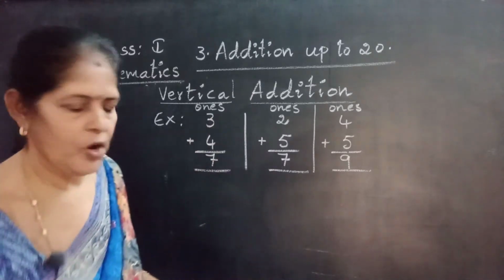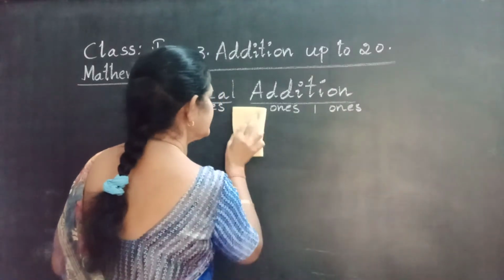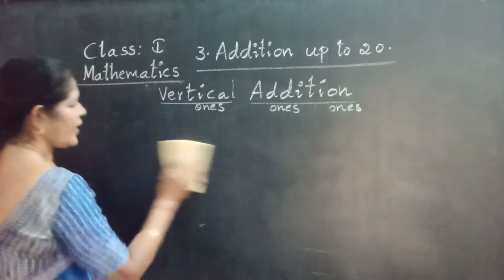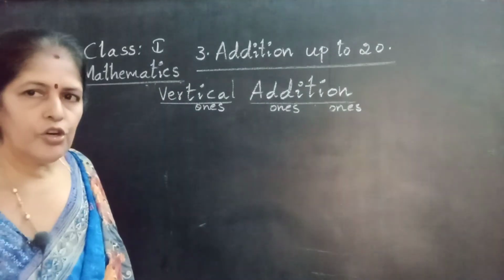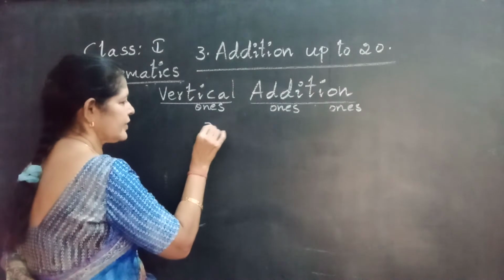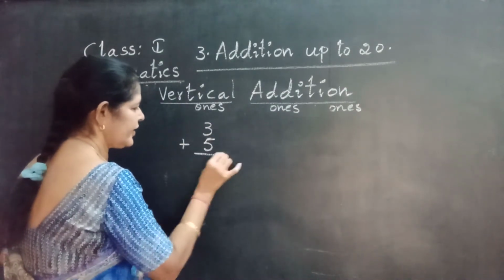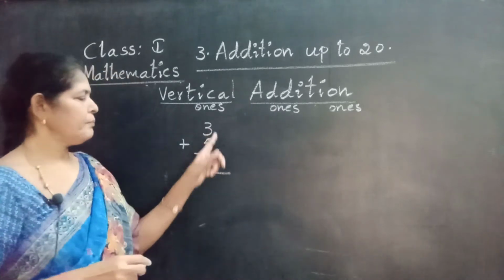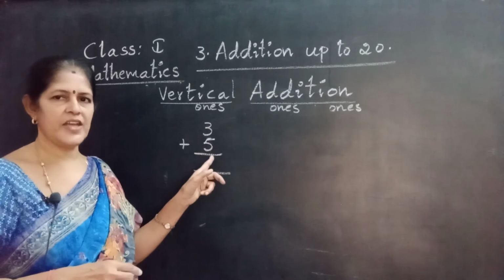Can I show you one more? Okay. You have to practice. If you practice, you get perfection. Practice means doing sums repeatedly. Ready? 3 plus 5. What are the numbers given? 3 plus 5 vertical addition.